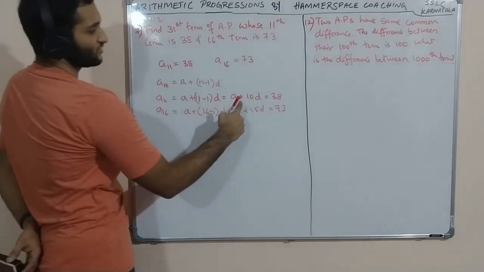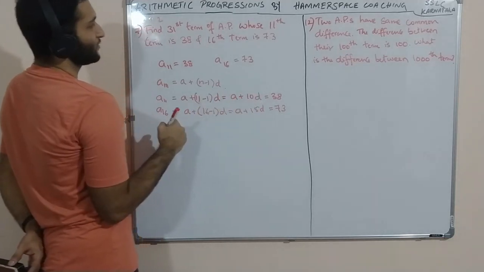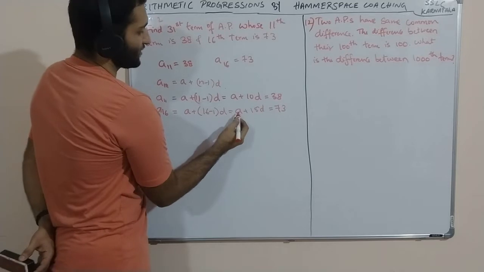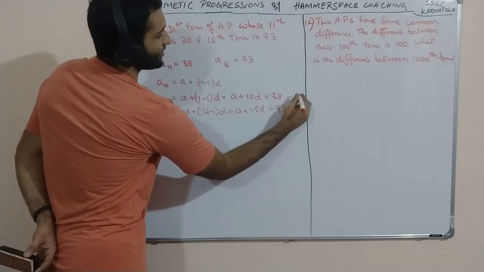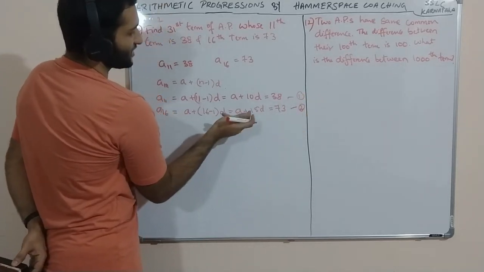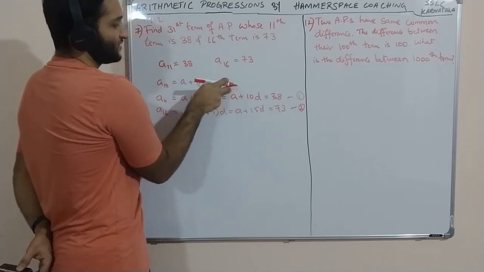Now let's use these two equations to solve for a and d. Let's write this as equation 2 and this as equation 1. Subtract equation 2 minus equation 1.